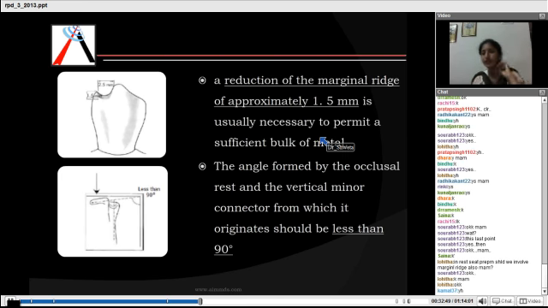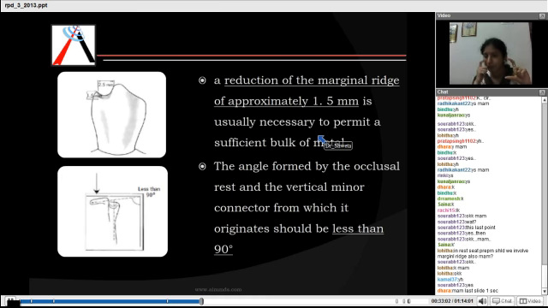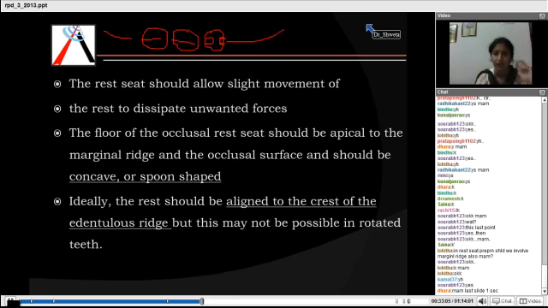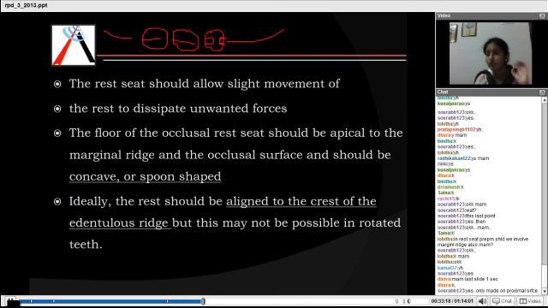So, the dimensions are: it should be rounded triangular in shape, 2.5 mm wide at the base, the marginal ridge should be reduced by 1.5 mm, it should be concave spoon shaped, it should be aligned to the crest of the ridge, and it should allow slight movement of the rest. So you understood the rules for making a rest.